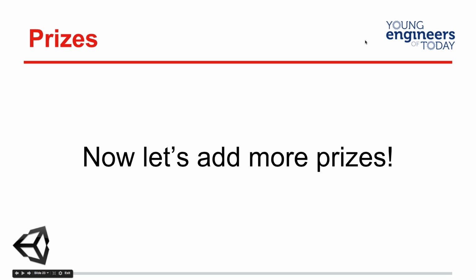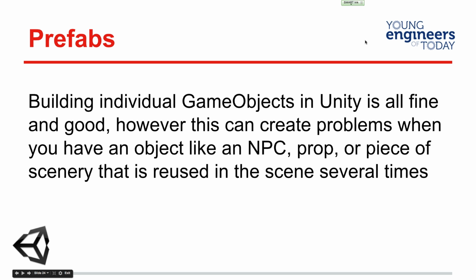We very well could go through all of those steps again, or just command copy or control copy and control paste these game objects. However, building individual game objects in Unity is all fine and good, but it can lead to problems in the future.